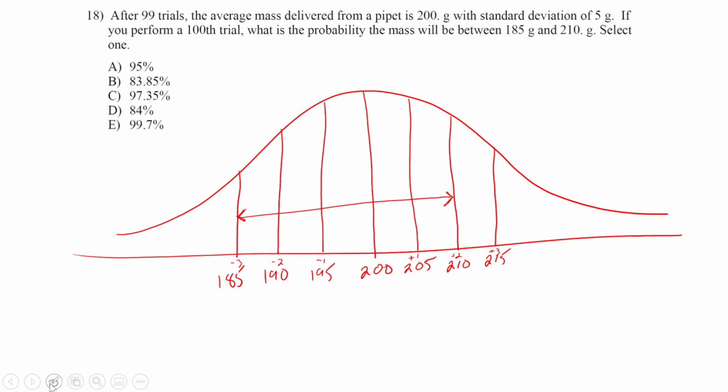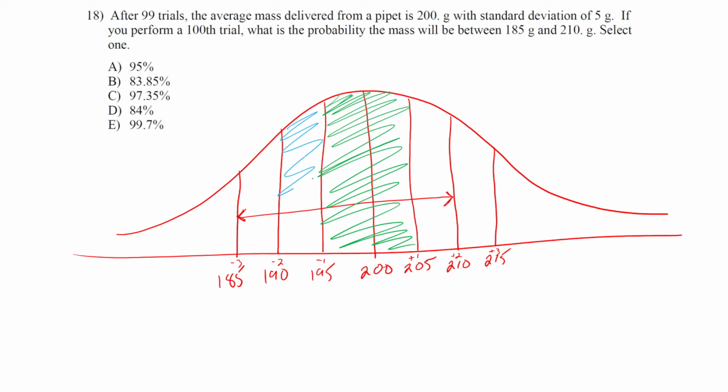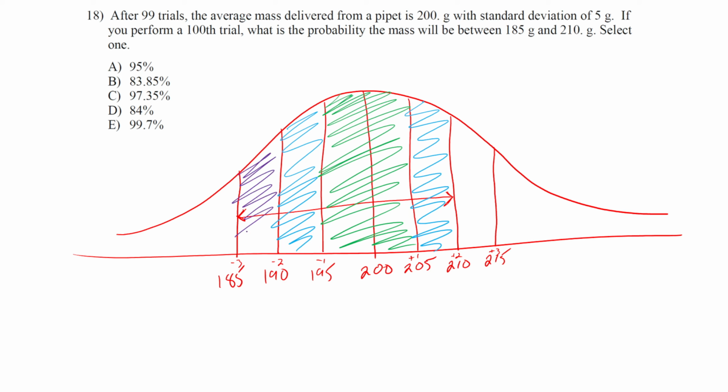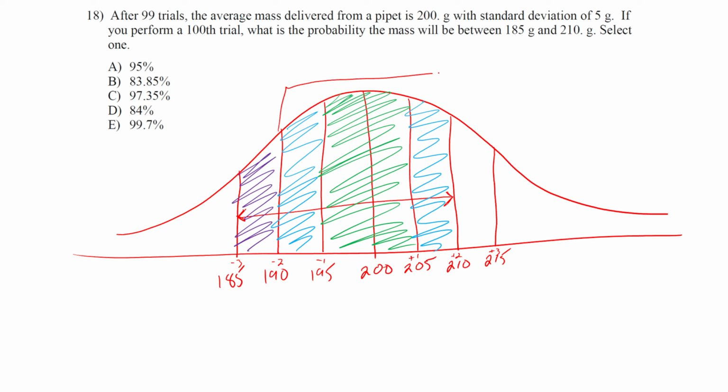So let's solve this. For me, the easiest way is to see that it encompasses 1 standard deviation easily. It encompasses the 2 standard deviations completely. And then it encompasses half of that one. So we remember here that this area is 95% and that this area is 99.7.